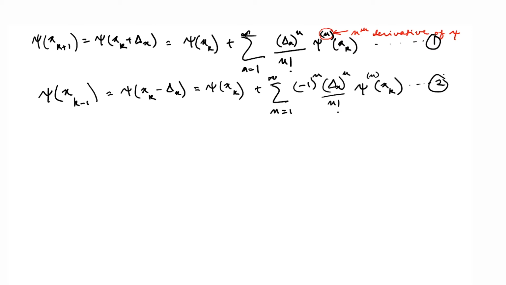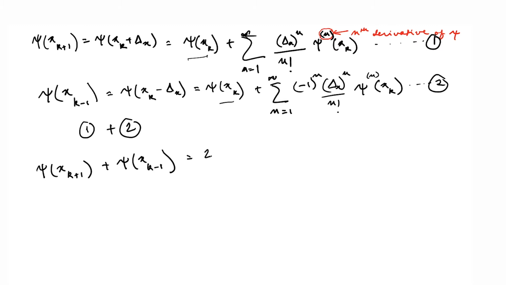Now, what I will do is add 1 and 2. So, what I will get is psi x k plus 1 plus psi x k minus 1, which will be equal to 2 psi x k, plus the remaining terms.